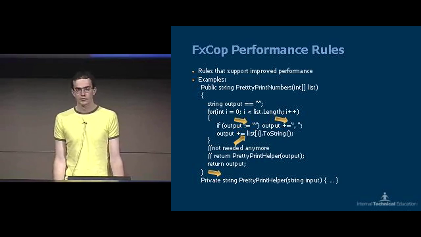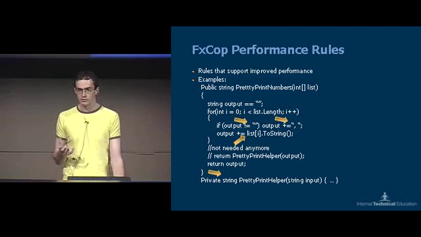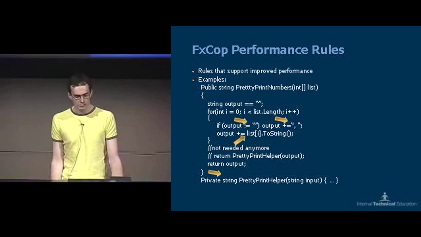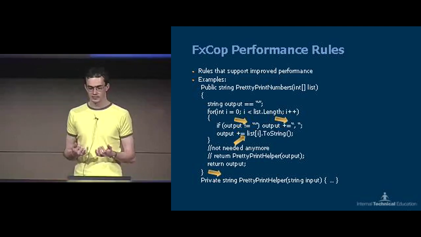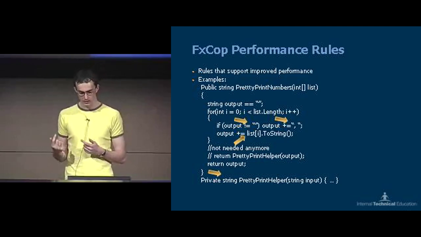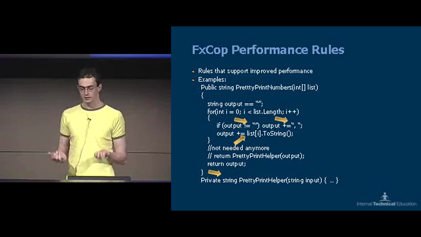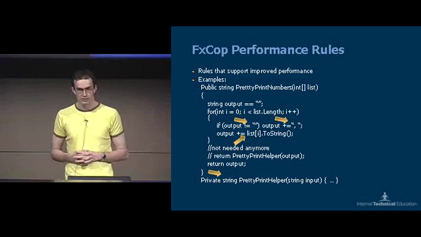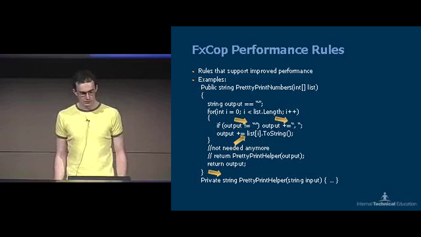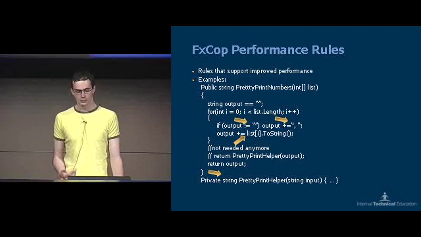Further, you see in this for loop that we concatenate the output to a lot of strings. Each time you concatenate this comma to the output variable, you'll create a new string because strings are immutable. So each time this method is called, you allocate memory. So a better way to write this code is to use a StringBuilder.